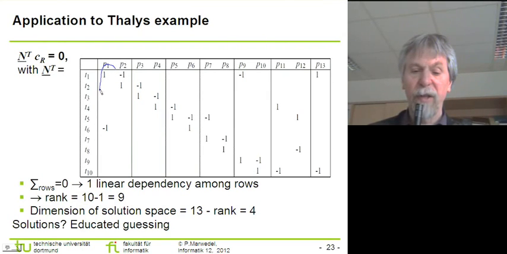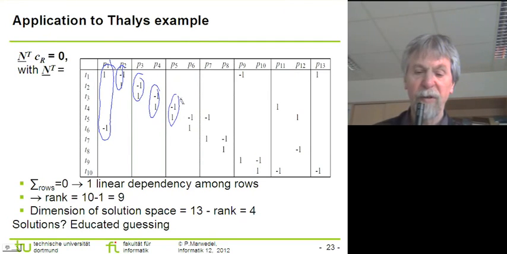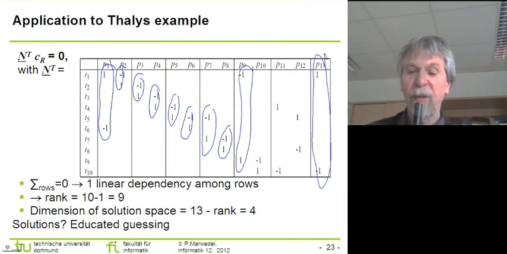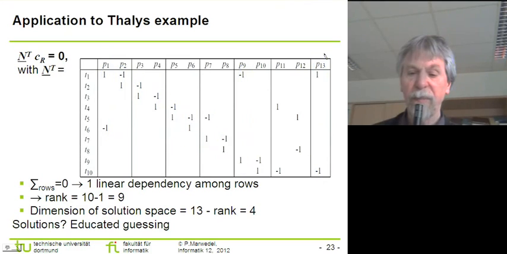If we look over here, for example, we see the sum is equal to 0, sum is equal to 0, sum equal to 0. So overall, we see that for all the columns, the sum is equal to 0. So also up here, sum is equal to 0, and this applies to all the different columns there. That means we have one linear dependency.